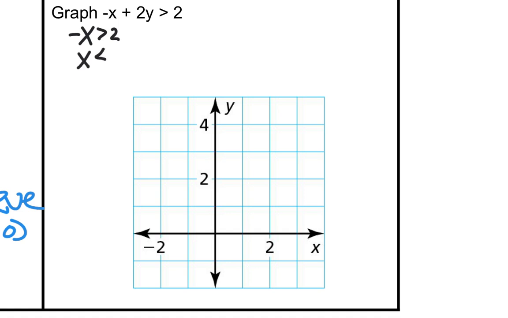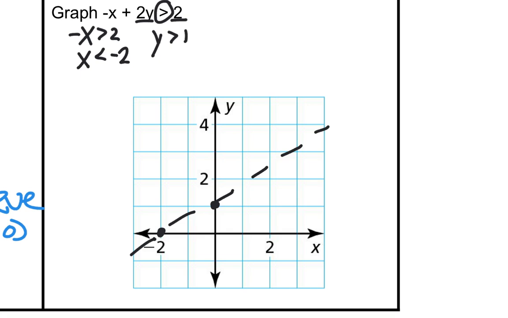We reverse our sign. All right? So my x-intercept's negative 2. My y-intercept would be y is greater than 1. So we're going to go to 1. So there's not a solid line, so we're going to have a dash.